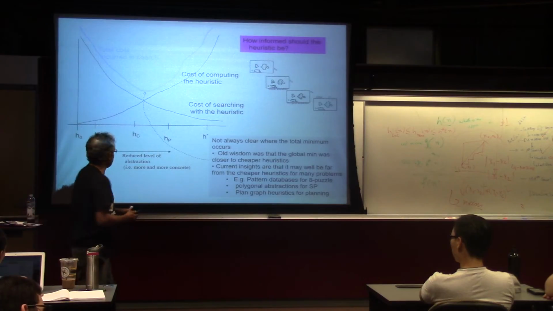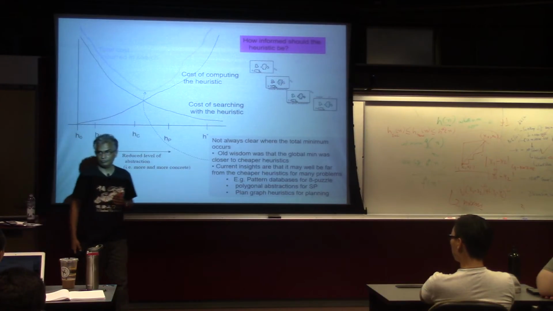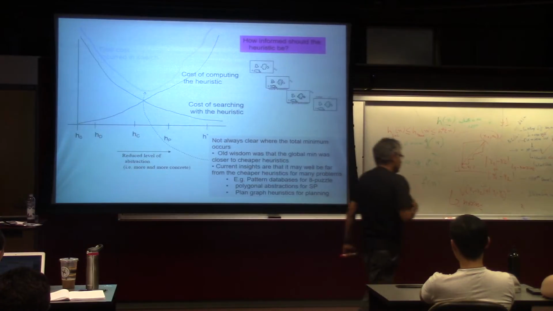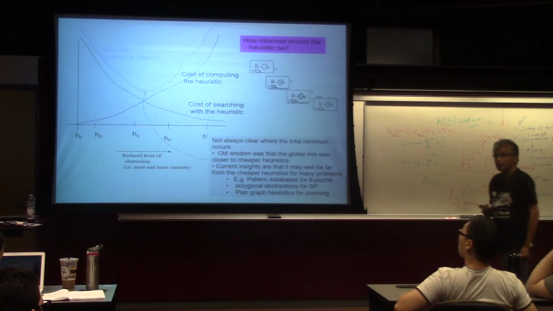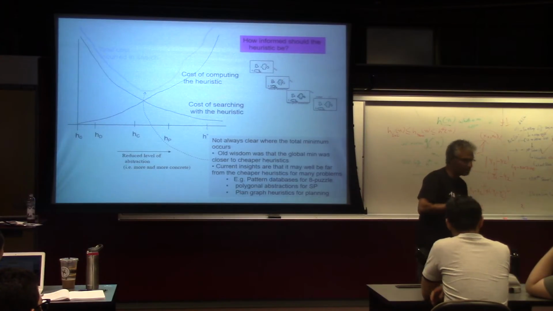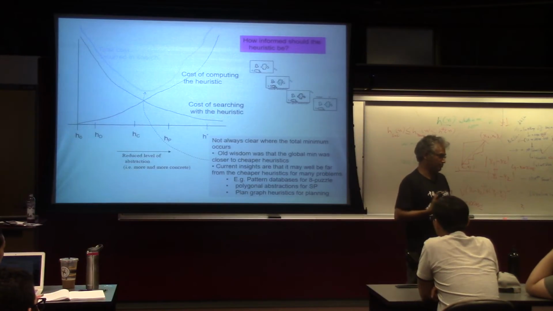That is it. That means we basically assumed that these curves would be such that the minimum will appear there. It actually so happens that for most real problems, you might have to spend quite a high amount of time in the heuristic computation, and you will still do well in the total time.